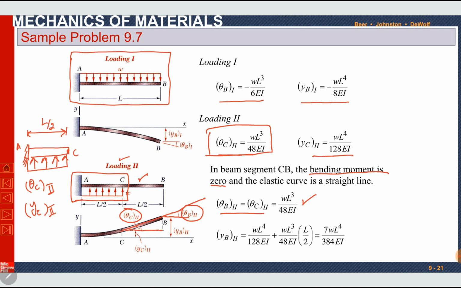Similarly, YB2, how we can find YB2 using trigonometry, using geometry. We can see graphically here, this is under loading 2, y at point B, YB2. It is equal to YC2 plus the perpendicular of this triangle.